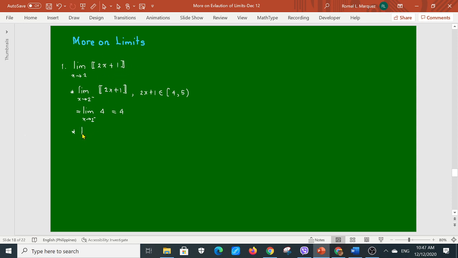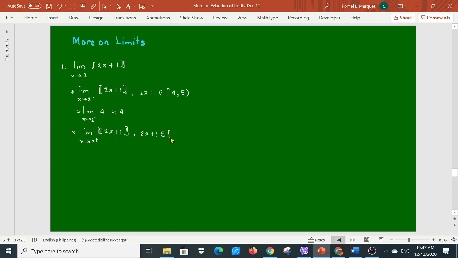Let's see. Limit of the greatest integer of 2x plus 1 as x approaches 2 from the right. So if x is closer to 2 but to the right of 2, what is 2x plus 1? Let's say 2.1. Times 2 plus 1, we have something greater than 5.